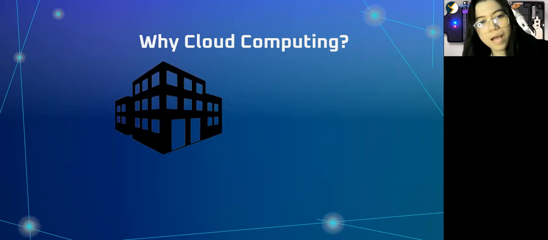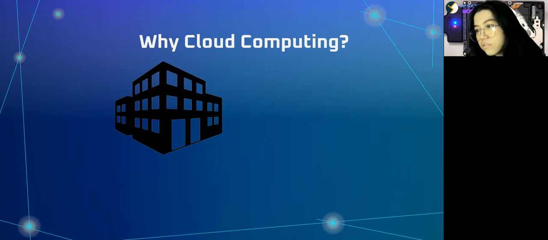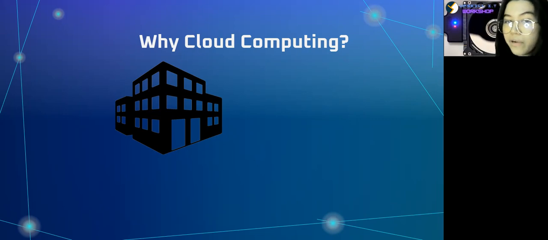So let's talk about having a business. What must a business organization have in order to provide the services that they offer, to create productivity, and to maintain their data and all of their resources? What do they need? Basically they need infrastructure, right?